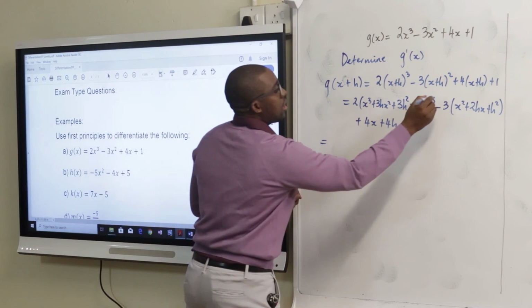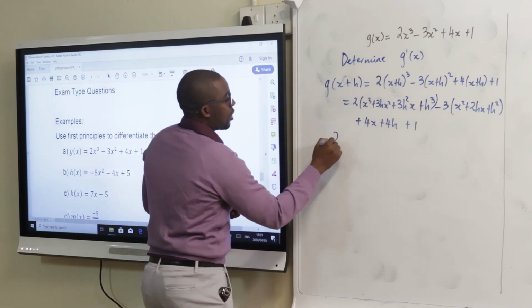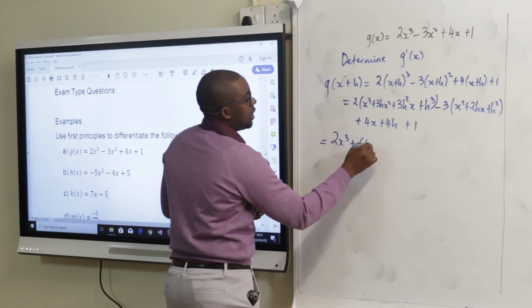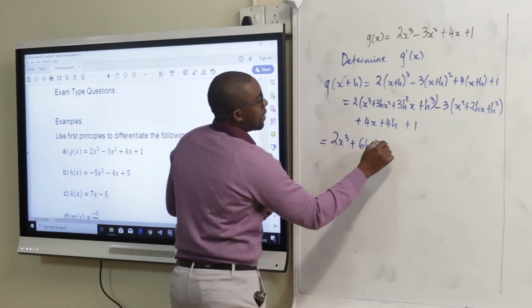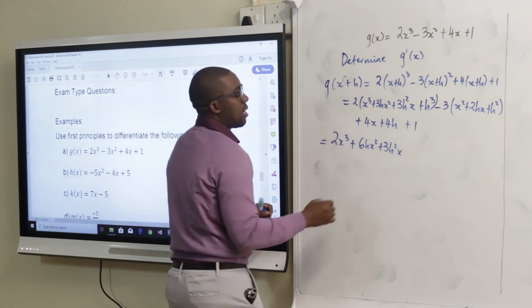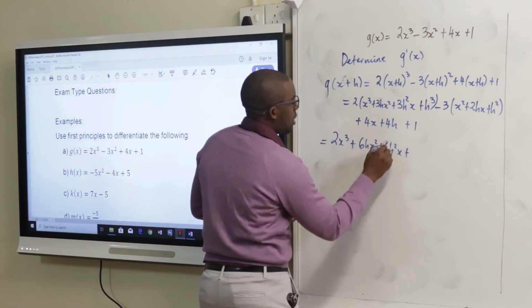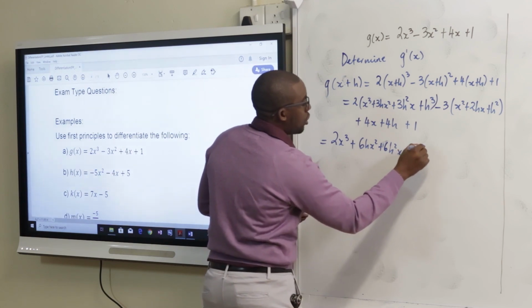You distribute, you're going to get 2x cubed plus 6hx squared plus 6h squared x plus 2h cubed.